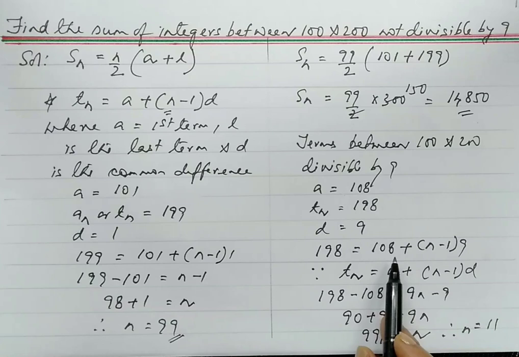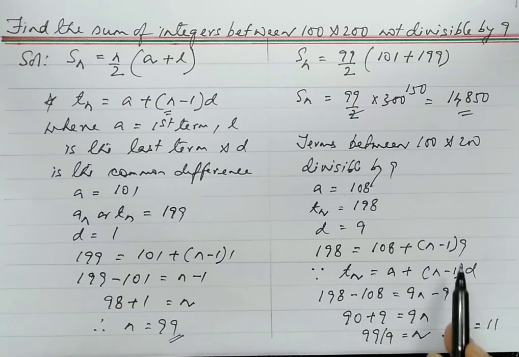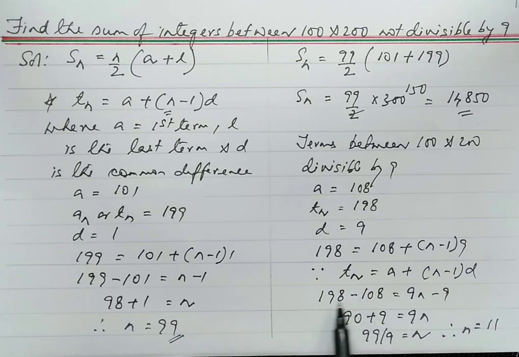So 198 minus 108 is 90, which comes aside, left with 9 into n, that is 9n, and minus 9. So we have 90 plus 9, correct? 90 from the difference and 9 comes here. This is 99 divided by 9, which means when I cut this, I get 11 here.